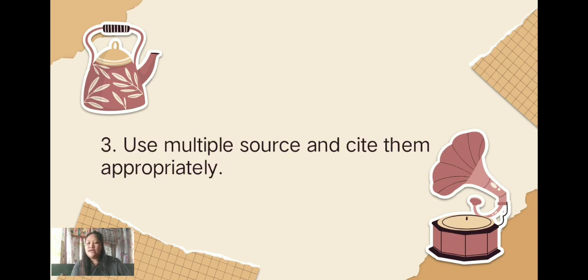Next is use multiple sources and cite them appropriately. There are a lot of sources on the internet, and it is a must for teachers to teach your students how to cite these sources to avoid plagiarism. With easy access to information, one major obligation is to cite the sources.